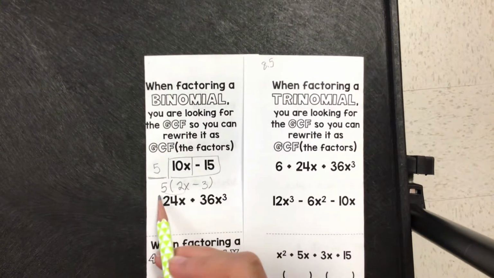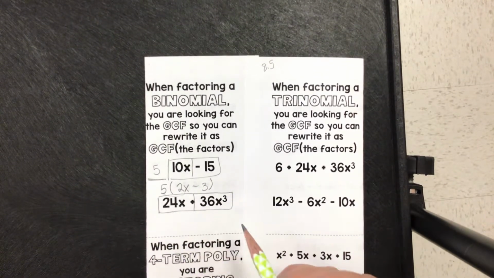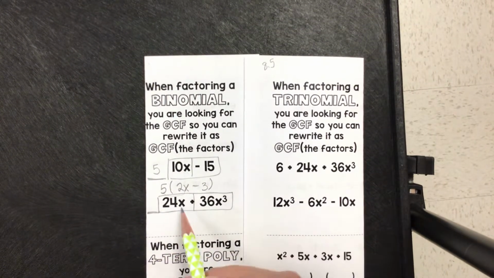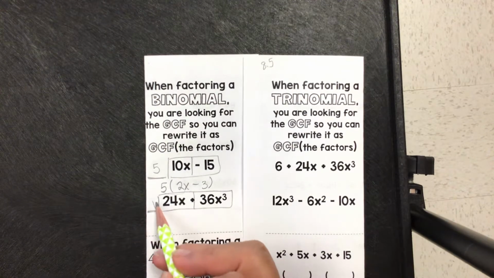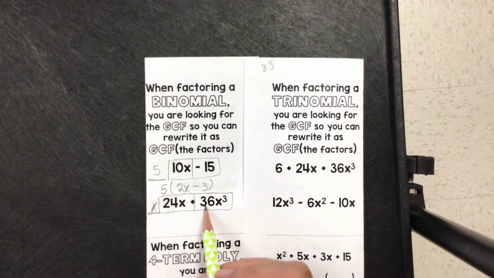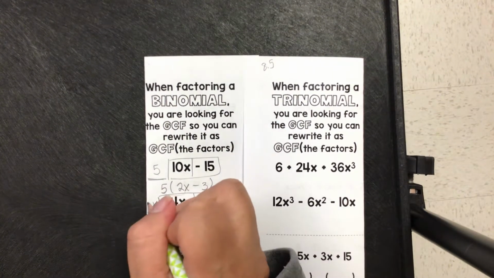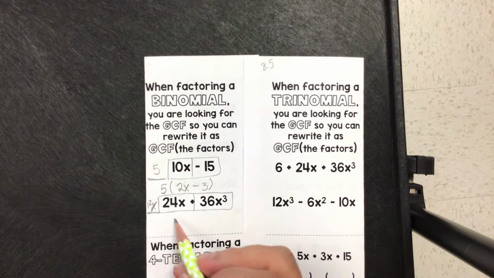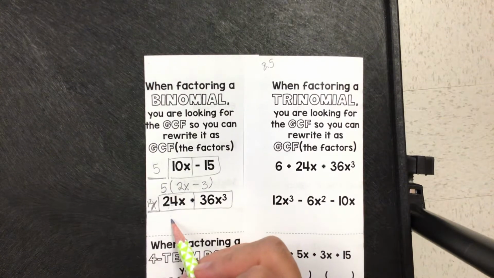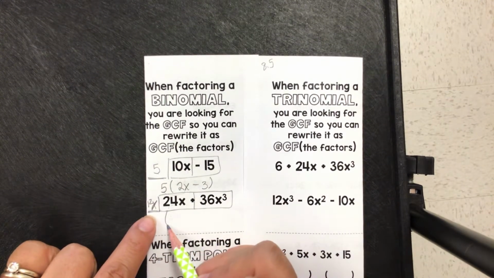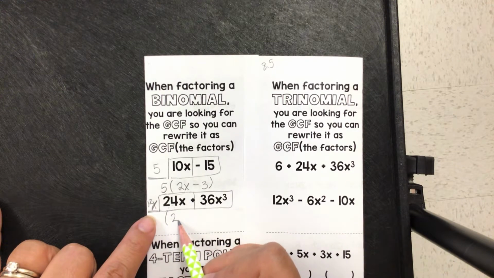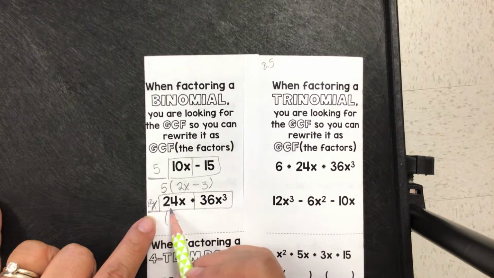So let me try it again. What I have taught you is that these things are what's inside. And I keep asking, what do they have in common? Well, you can tell that they have an x in common, so we're going to write x. And then this one might not be as easy for you. 24 and 36 have a 12 in common. So what does that mean? So we usually write it up here, but since we don't have space, we're going to write it down here. I need to multiply by something so I can get 24. That would be 2, because 2 times 12 gives me 24.